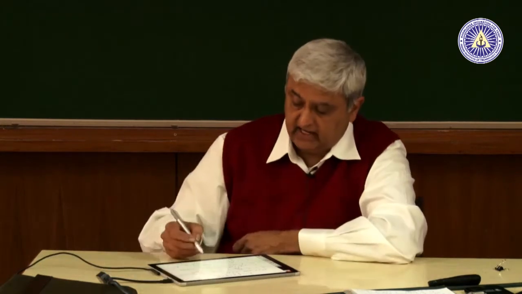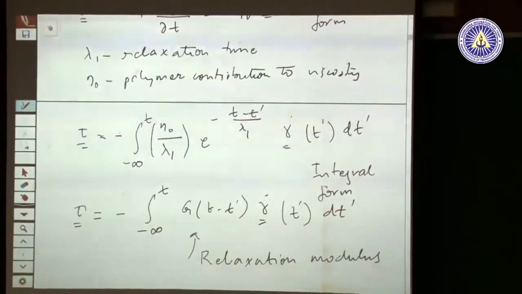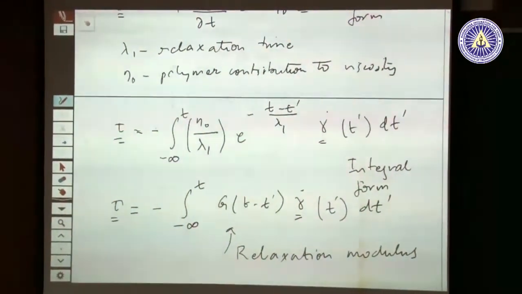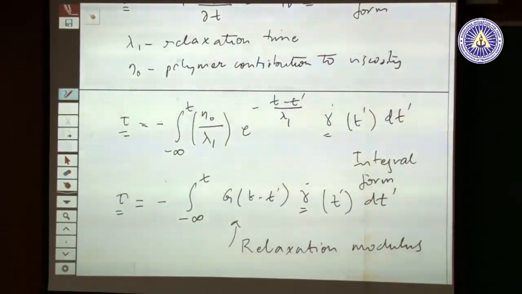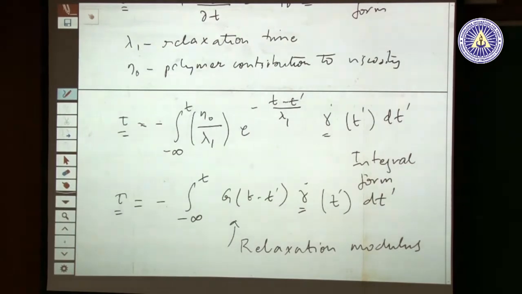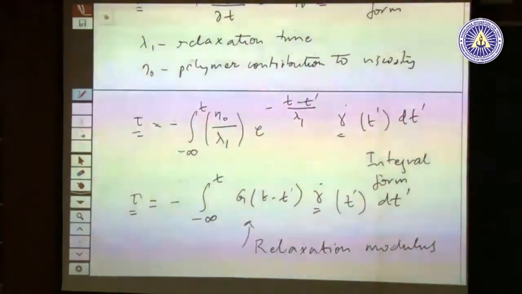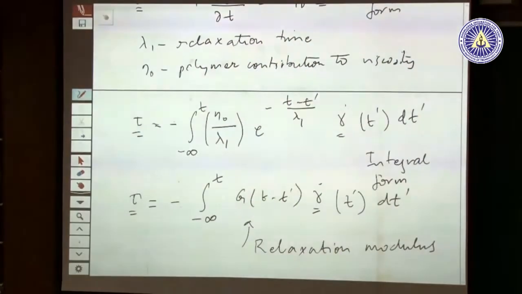If you take this integral form, you can see lambda appears below t minus t prime; it sets the time scale over which it loses memory. So it forgets the past configuration on a time scale of lambda. If lambda is very large, it remembers for longer and longer, and a solid has perfect memory. As long as your deformation is elastic, it always goes back to its original configuration if you let it go. So that's the meaning of the range of lambda.